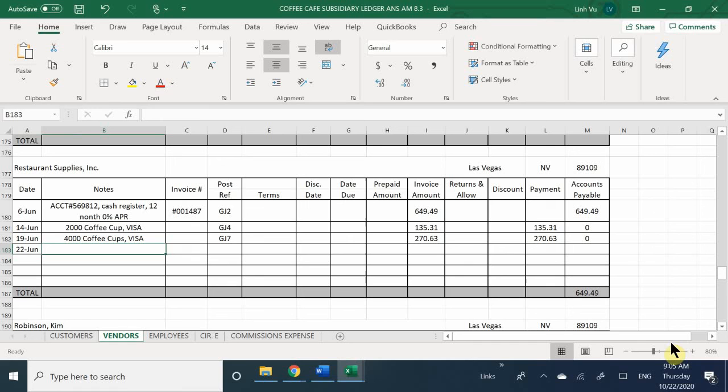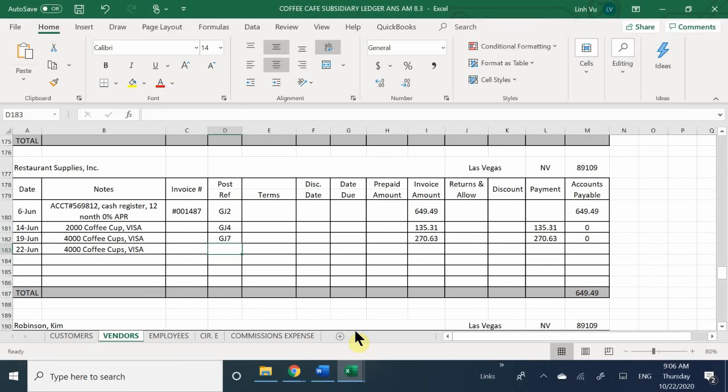And then we put in the date, June 22nd. And I would put the same thing, 4,000 cups Visa. Good. And then, I don't know if there's an invoice number. There's no invoice number. Okay, that's fine. Nothing, Visa. Okay.